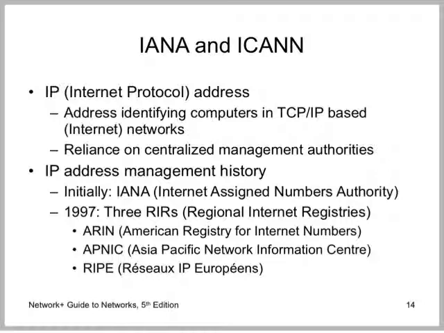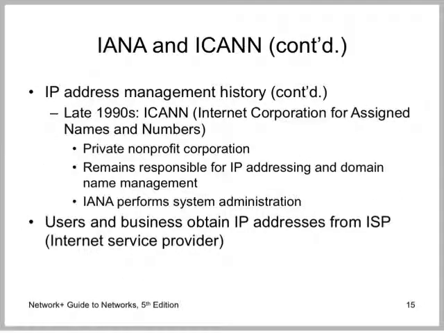And then the Asia Pacific Network Information Center and RIPE, the European one, is the other one, started in '97. Focus on IP management. And then in the late '90s, ICANN, the Internet Corporation for Assigned Names and Numbers, kind of branched off. It was originally governmental.